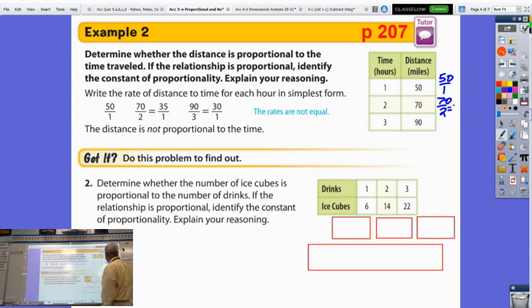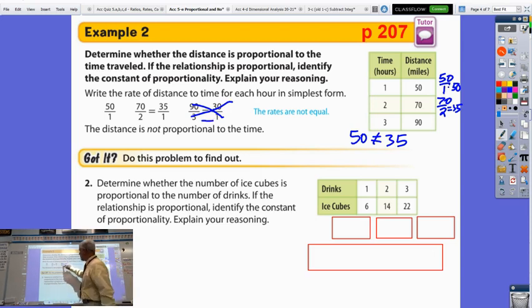Not equal. This is 35, and this one is 50. And so 50 does not equal 35. I don't have to do this third one. That's a waste of time. Once I get 2 ratios not equal, I can answer the question that it is not proportional.